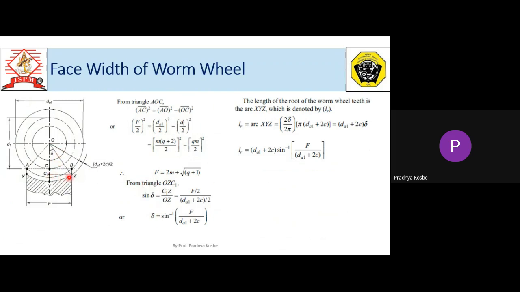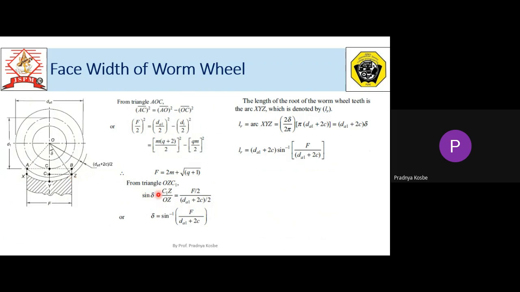Let us consider, sine del is equal to C1Z divided by OZ. But C1Z is what? Again half of the face width. And OZ is dA1 plus 2C divided by 2, which is already given, that is the radius up to OZ.